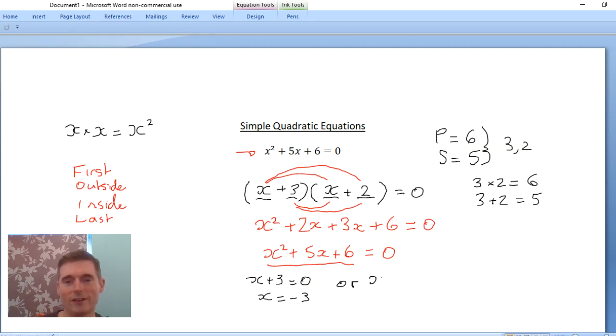So in that case, x plus 2 would equal 0, and that would mean that x would have to be equal to -2.